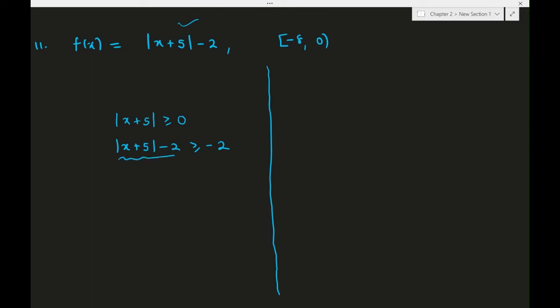So this is our function, f of x. So f of x in this case is greater than or equal to minus 2. It means that y is greater than or equal to minus 2.